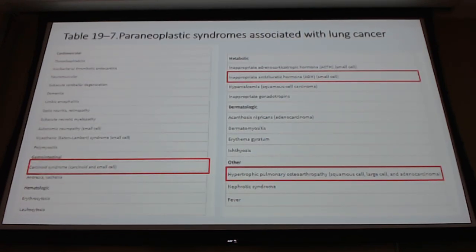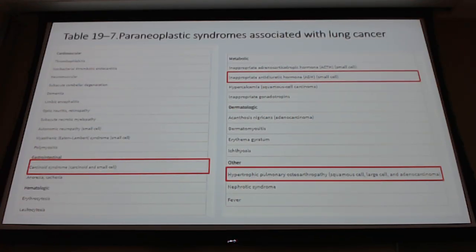Okay. So in terms of these, basically I want you to just know, if you have a paraneoplastic syndrome, you may see somebody who has SIADH if it's small cell. If it's squamous, large cell, or adenocarcinoma, you may have hypertrophic pulmonary osteoarthropathy.